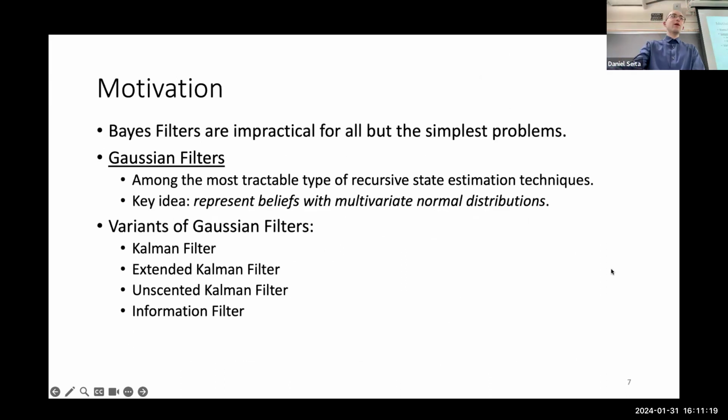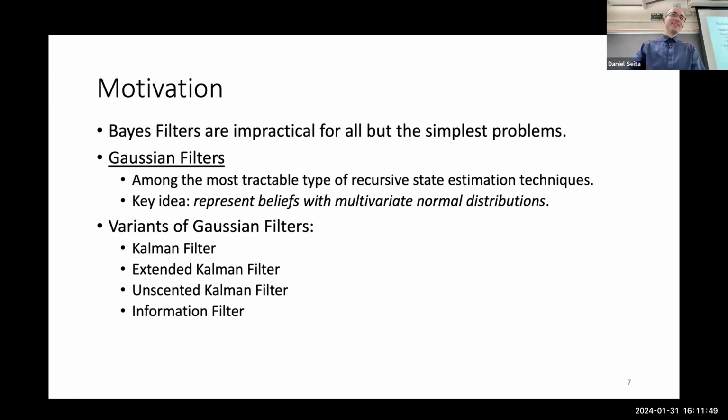The motivation for what we're studying today is that Bayes filters are generally impractical. You can run them, but they would take a super long time to compute. So the Gaussian filters are a variant of Bayes filters that make the assumption that you can represent belief with a multivariate normal distribution.